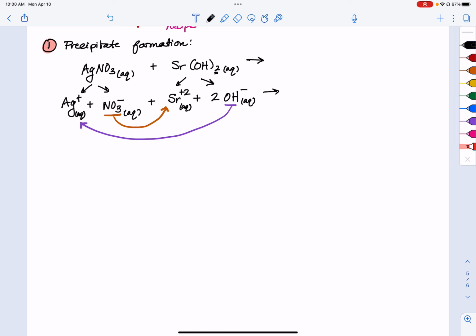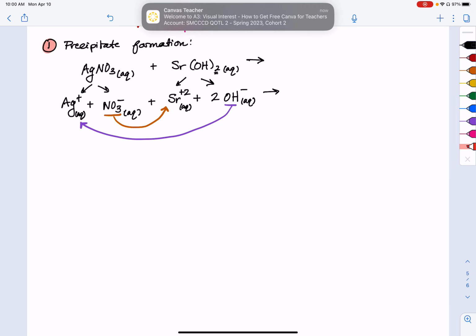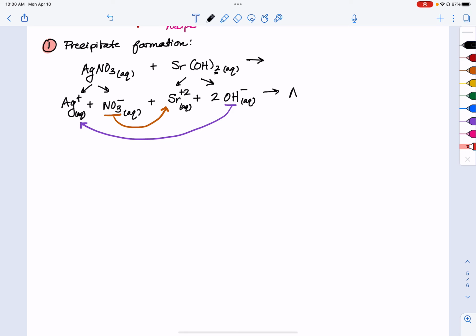So let's see here. I've got silver and hydroxide. So silver has a +1 charge, and hydroxide has a -1 charge. So it looks like if I put these things together, silver and hydroxide, it needs to be in a 1-to-1 ratio. So I will make AgOH.